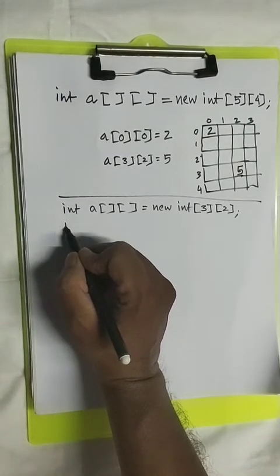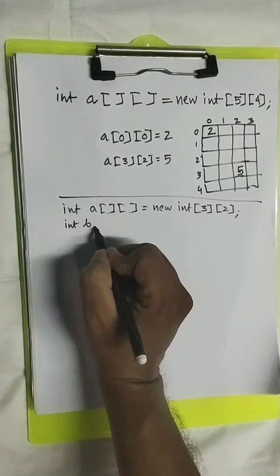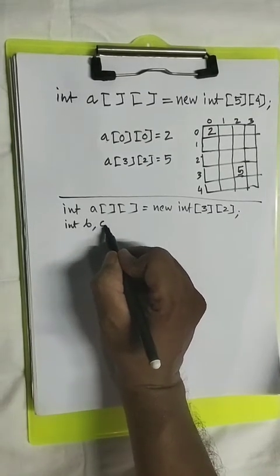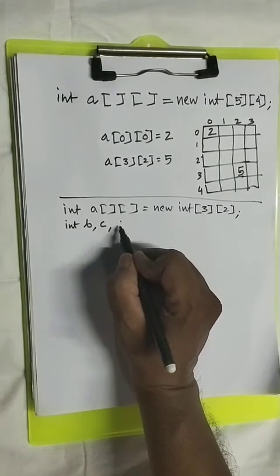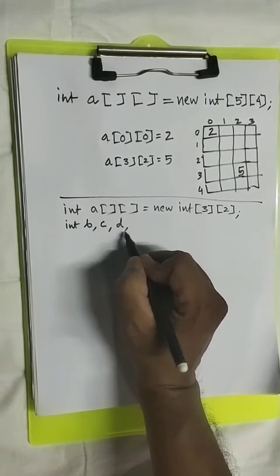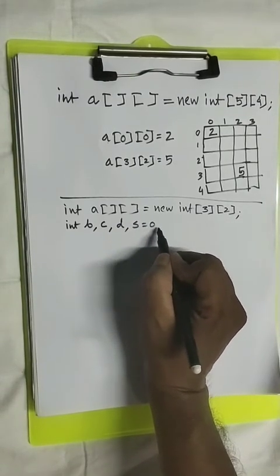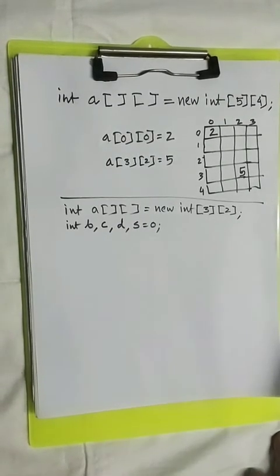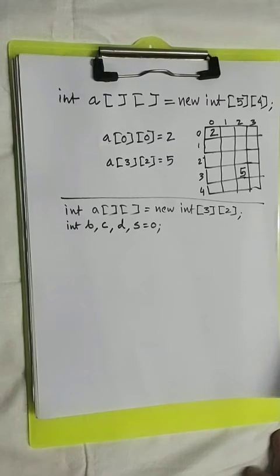Let me take one more int variable b, one more int variable c, and one more int variable d, then s equal to 0. These are few variables I have taken. Now what will I do? I will take input of numbers in the array.